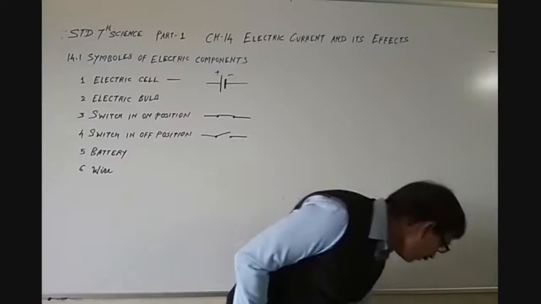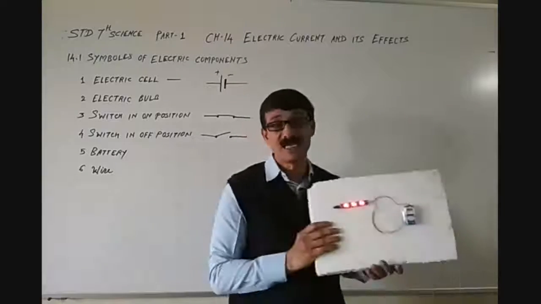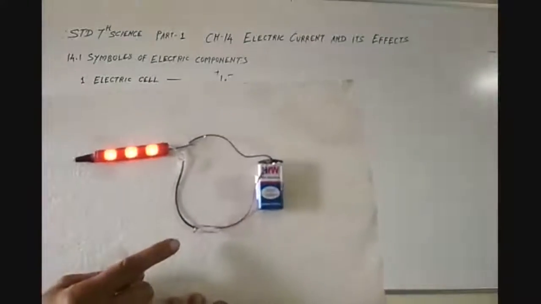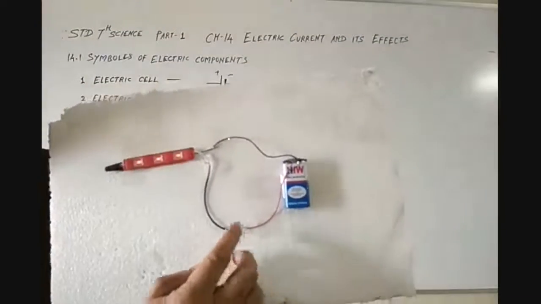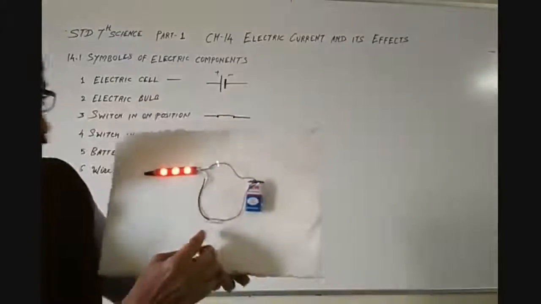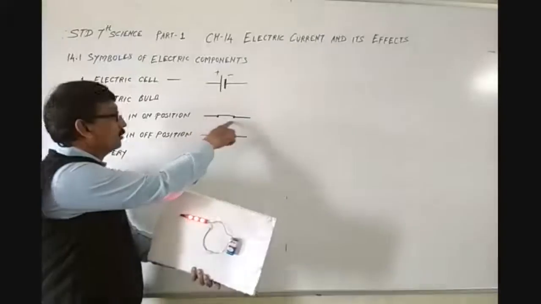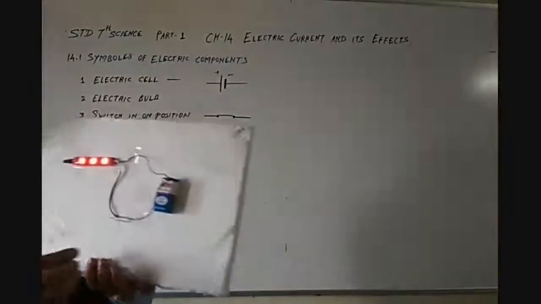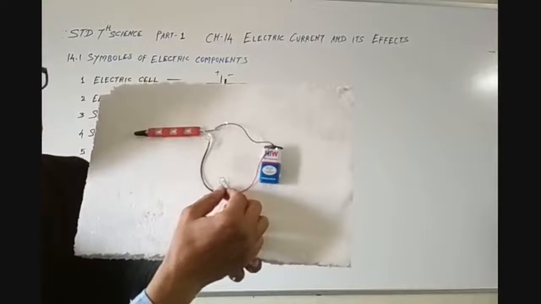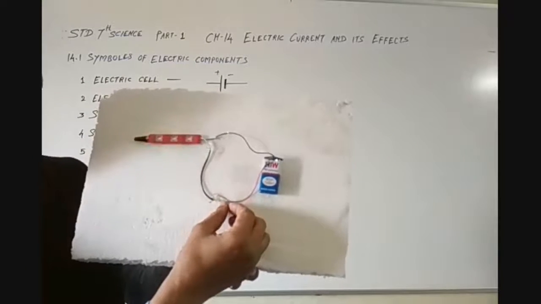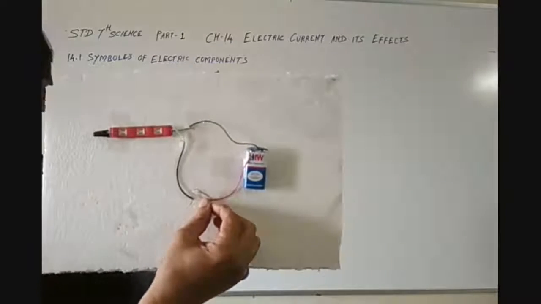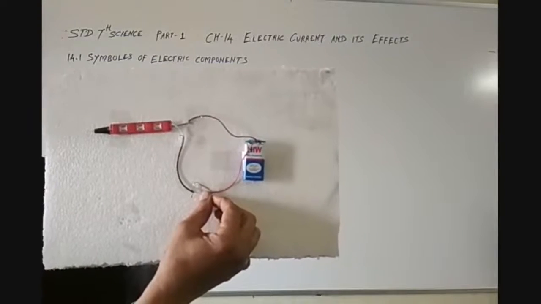In fact, we did this activity last year. You can see this switch is on. Why? Because this pin is touched to this. But if I take this from here, then this is somewhere over here. So the circuit is not complete, and that is why the switch is off.